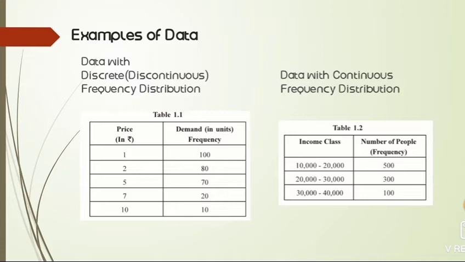All of them might not be at exactly 20,000. They are different figures, different persons getting their salary between 20,000 and 30,000. So this type of class interval, or continuous range, comes under continuous frequency distribution. Whereas a single number, such as the price at which a quantity is demanded, comes under discontinuous frequency distribution. I hope you are clear with this type of data also.